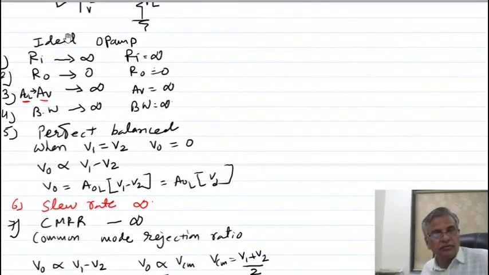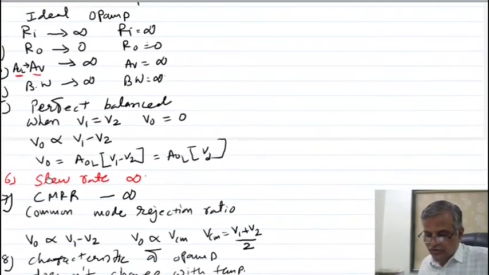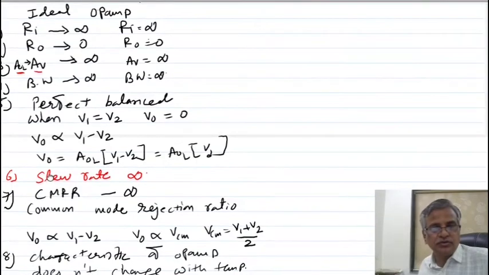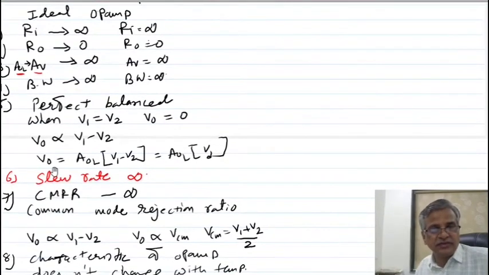Last time I am telling you: input resistance is very large, output resistance is zero, voltage gain is infinite, bandwidth should be infinite, perfect balance. When V1 is equal to V2, then output should be zero. In short, output depends only on the difference of the input signals.